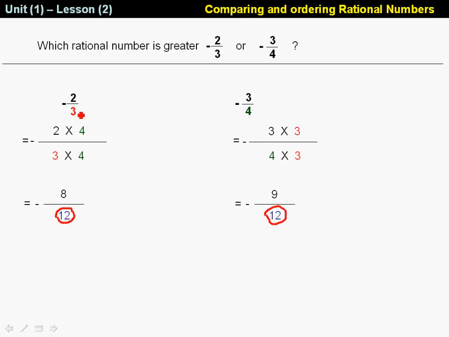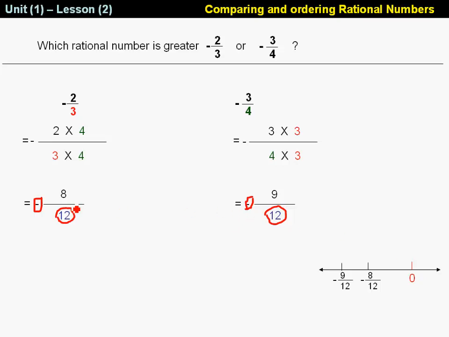We multiply this denominator by this one to get the same denominators here. Be very careful of the minus sign when you compare between numbers. To understand what I mean, I draw here the number line, and this is 0.